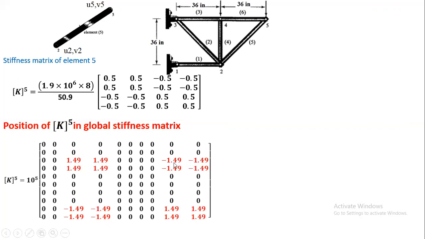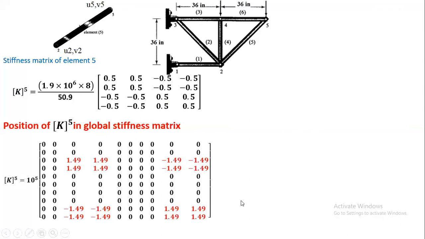This is 9 and it is connected to the 4th degree, so it is 3 9, next 3 10, 4 9, 4 10, then 9 3, 9 4, 10 3, 10 4. Next is 9 9, 9 10, 10 9, 10 10.